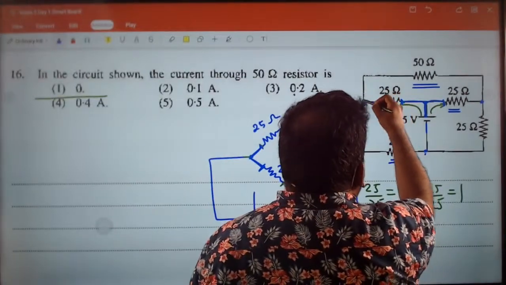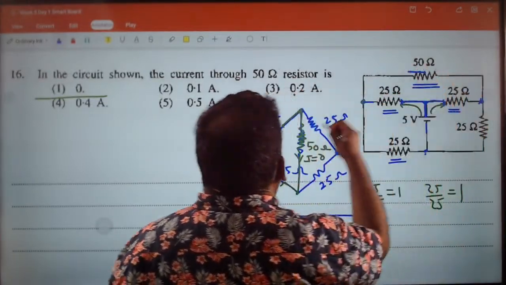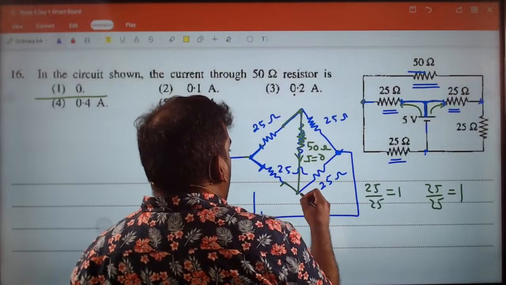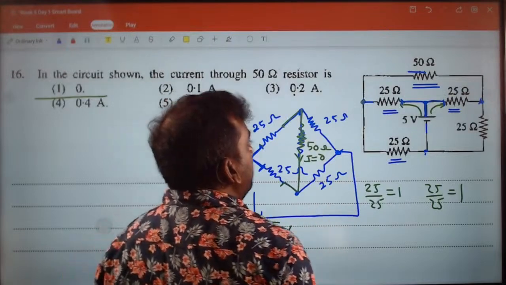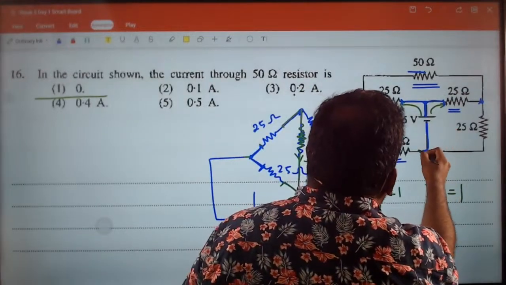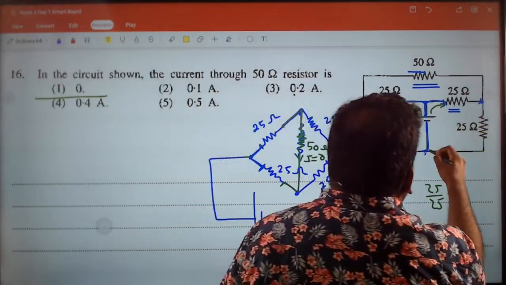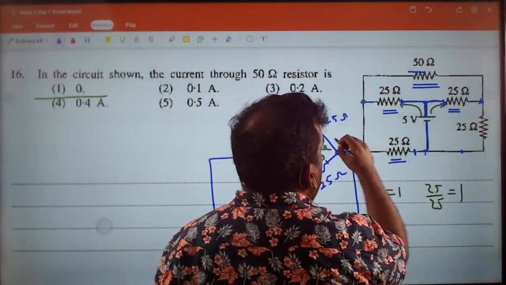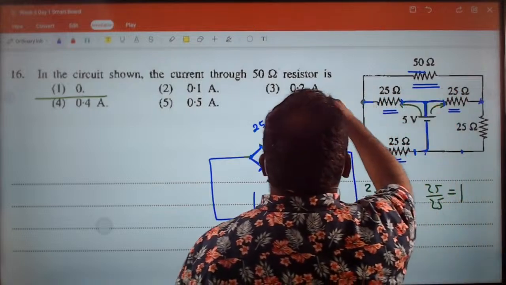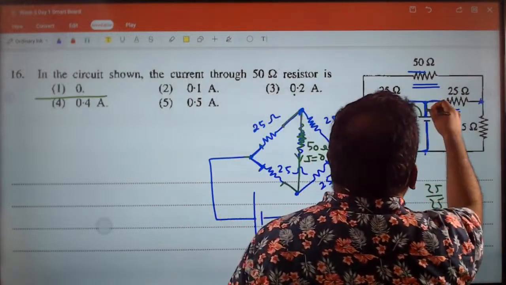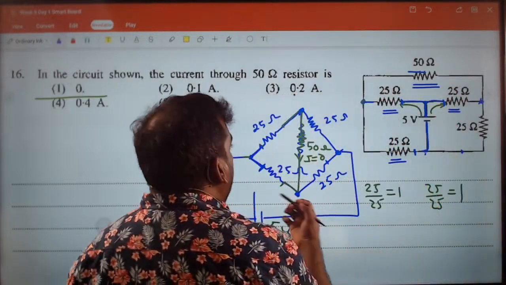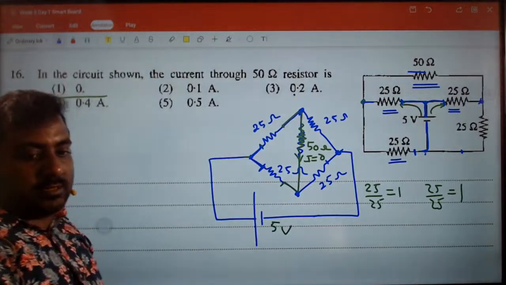Opposite end and opposite end are connected by 50. Negative side 1 and 25 here. That end is connected to the 25 there. The other end is connected to the 25 here, right? So there you go, Wheatstone bridge.